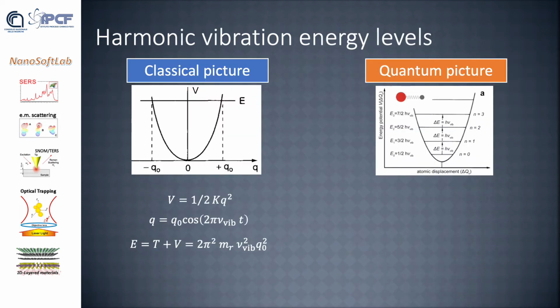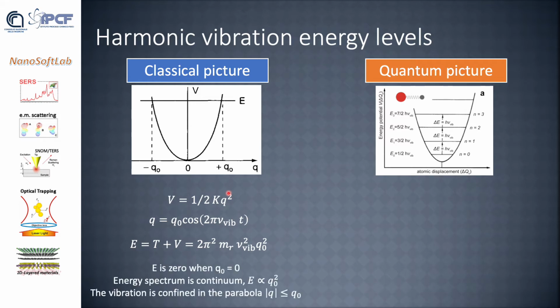Let us now investigate which are the vibration energy levels. Let's start with the classical picture. As we can see here, in the classical picture, the potential energy is proportional to the square of the position of the particle. The energy is equal to the kinetic energy plus the potential energy, and this is a constant, and is proportional to the square of the displacement of the particle.